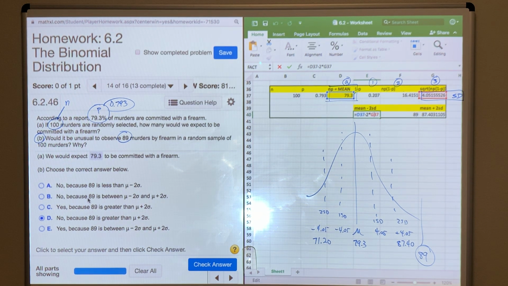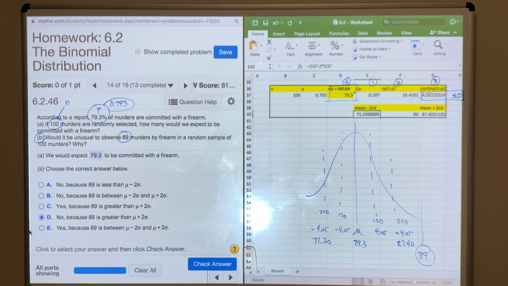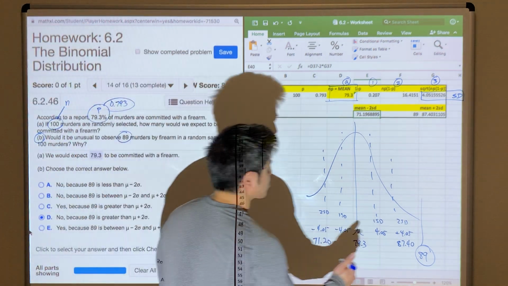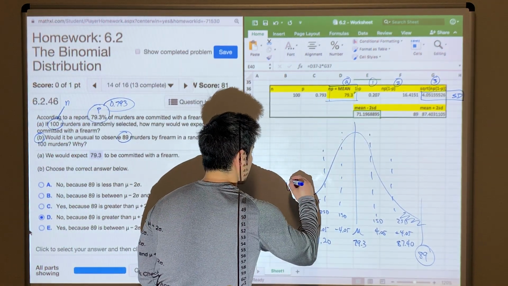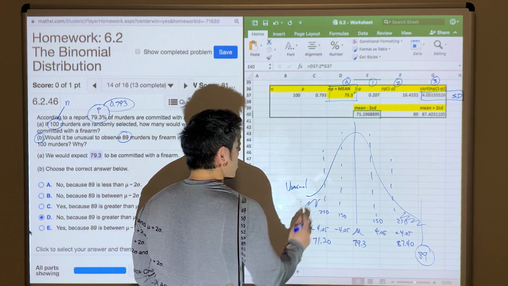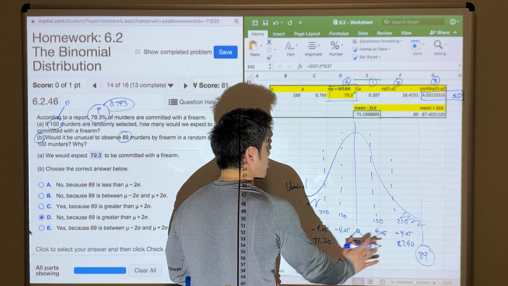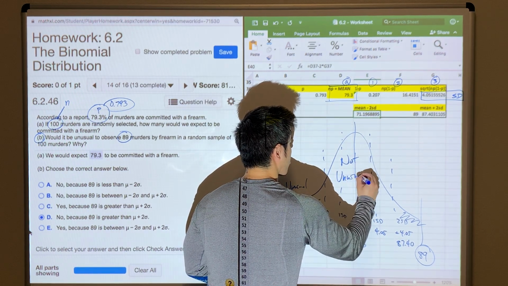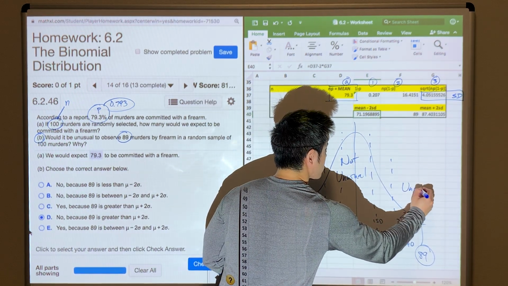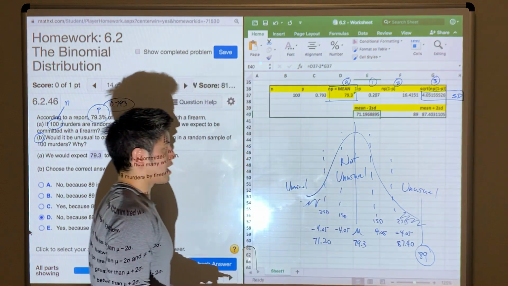Oh, sorry, unusual, I apologize. Unusual means that it falls outside. That's what we said. This is unusual territory. Oh, sorry, not paying attention. Regular territory, not unusual, is when it falls in between. Unusual is when it falls outside.